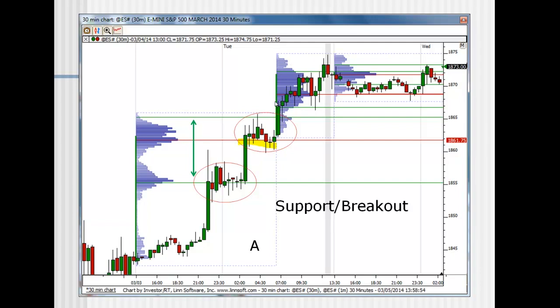And we know that once price moves away from value or outside the value area, one of two things is going to happen. One, price may in fact continue moving on higher and higher, or price will return back to value if in fact the levels outside the value are not accepted.